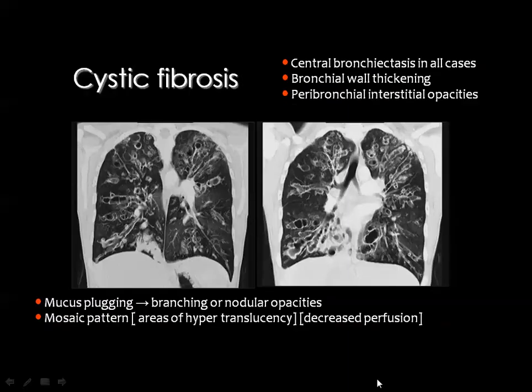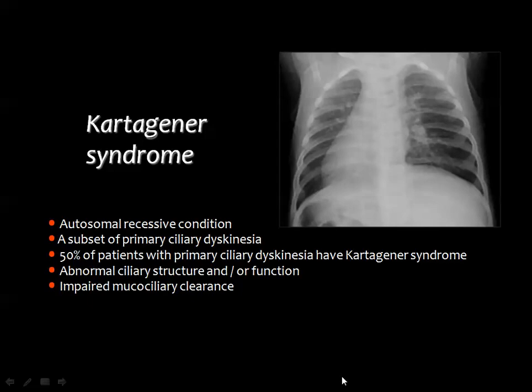Also, with multi-detector CT, you can have reconstructed images in the coronal and sagittal planes, so you have a better orientation of the dilated bronchi. You can see the bronchus along its whole course, and you appreciate that there is fusiform dilatation and sometimes cystic dilatation of the bronchi as well.